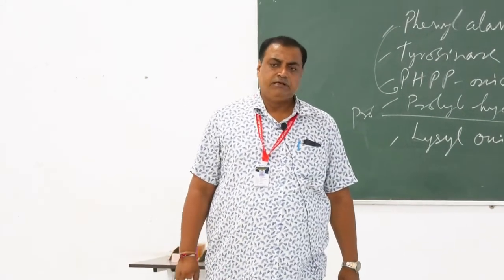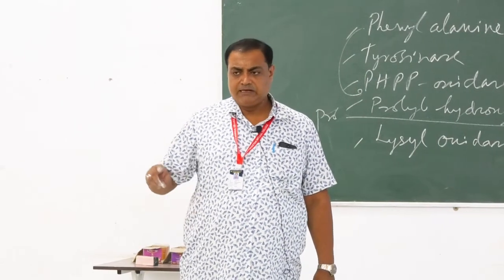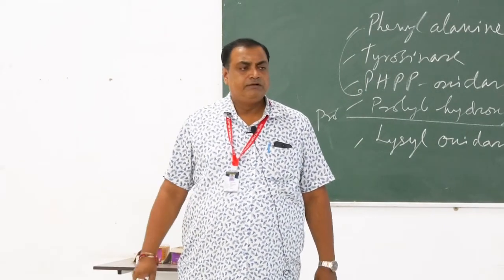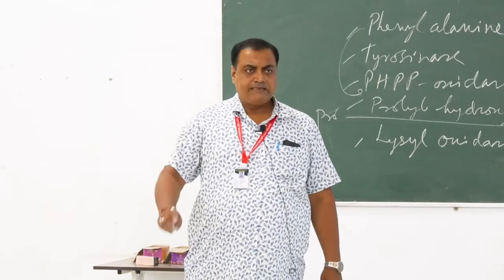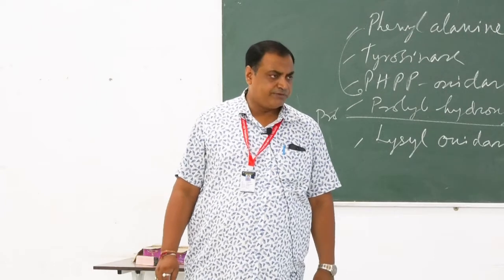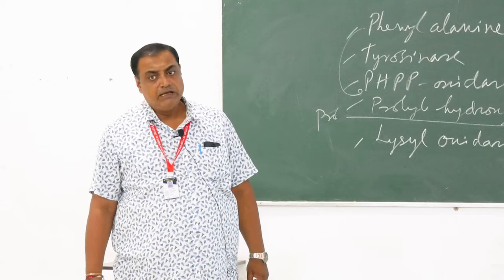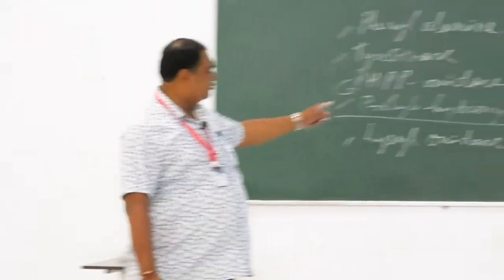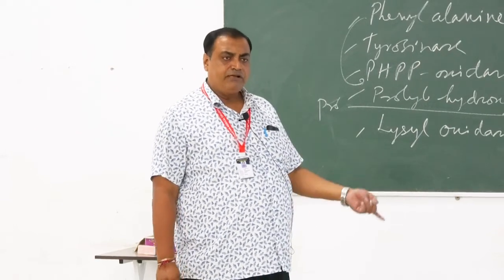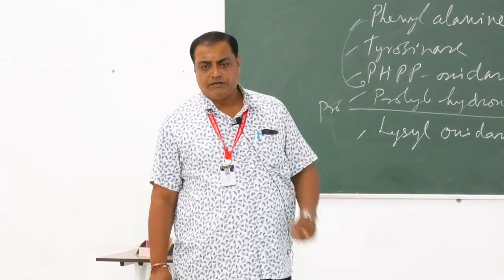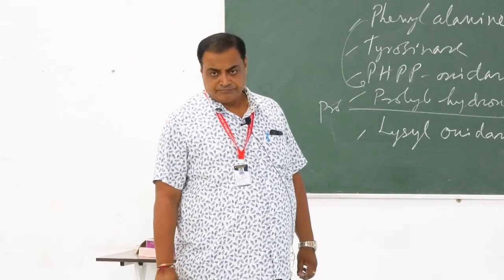The collagen fiber contains X-Y-glycine, this kind of repeated trimer amino acid units. Now X in 33% cases is hydroxyproline and Y in 33% cases is hydroxylysine. So this hydroxyproline is formed after the synthesis of collagen. That is why it is called post-translational modification. Clear?